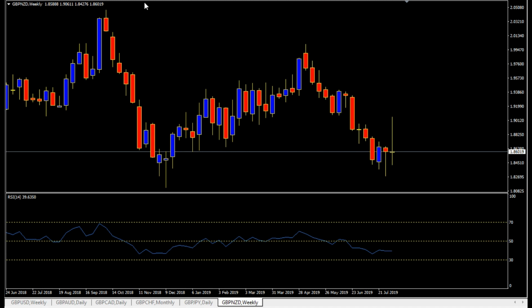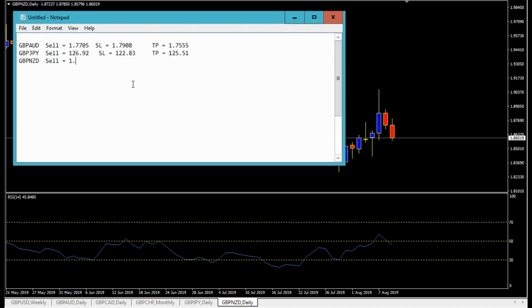Now we are going to change it to daily. 1.8574. This is going to be an entry, and your stop loss is going to be 5 pips above the high of this candle.